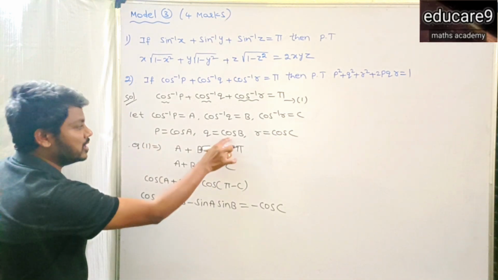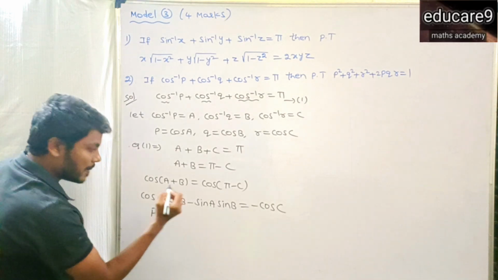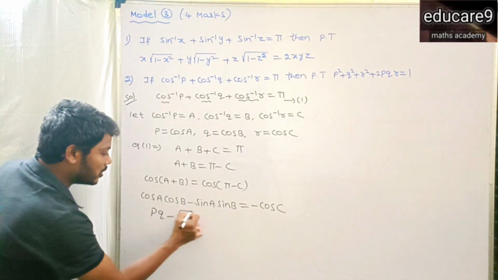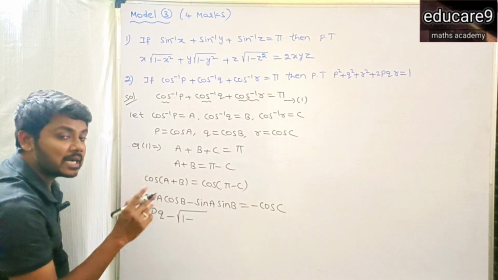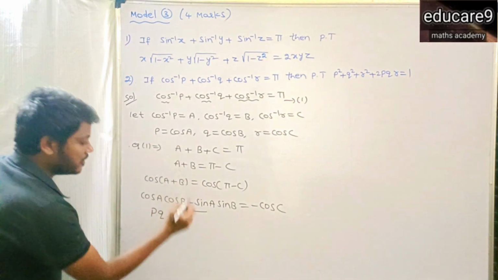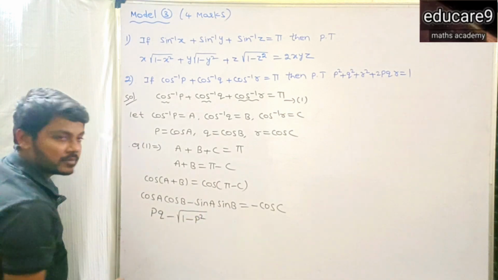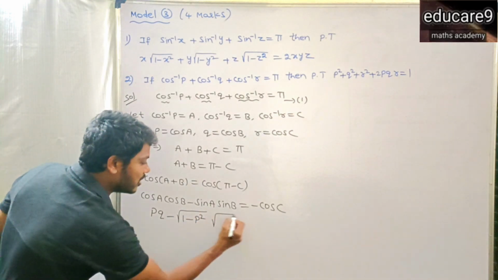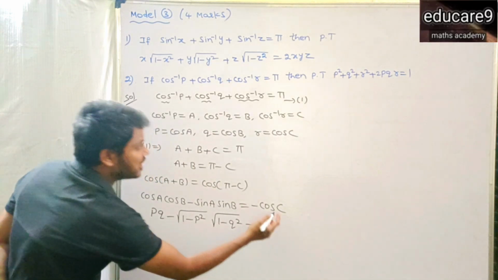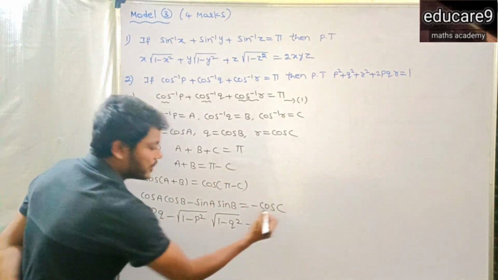P, and cos B value Q, minus sin A. How to write sin A? Square root of 1 minus cos square A. Cos A is P, means P square. Similarly, square root of 1 minus Q square, which is equal to minus cos C value, R.